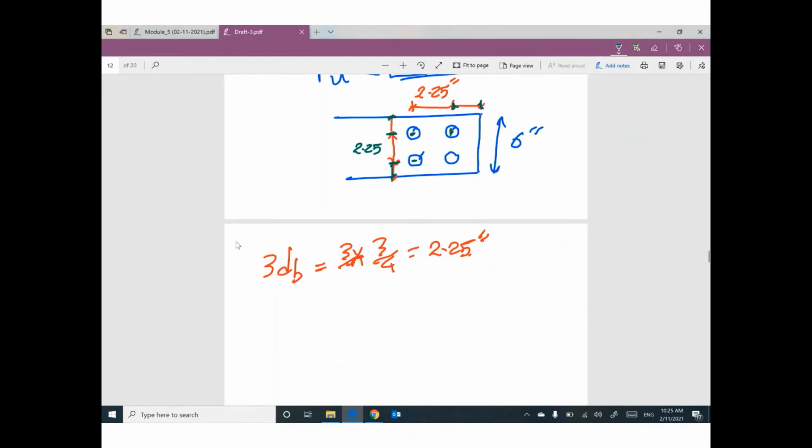So I will use 1, 1, 1. Please check: 1 plus 2.25 plus 1, is it smaller than or equal to 6, the width of the member? I believe yes. You are good. So this distance can be increased and this distance can be increased. That makes sense?